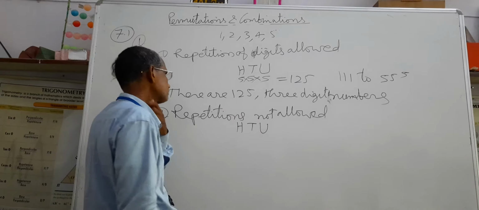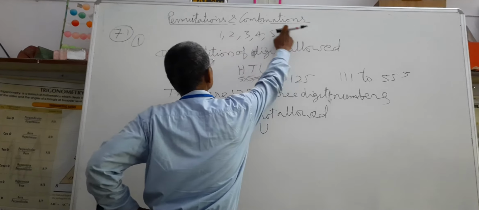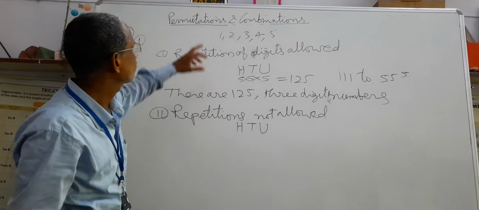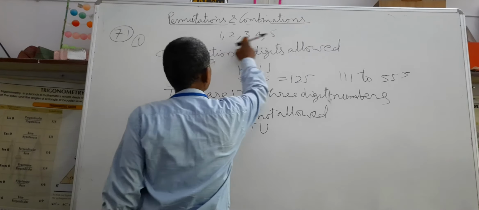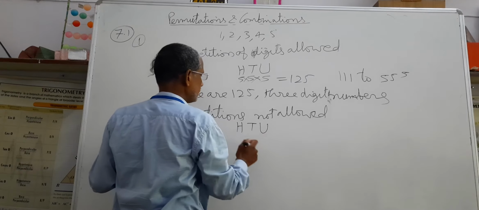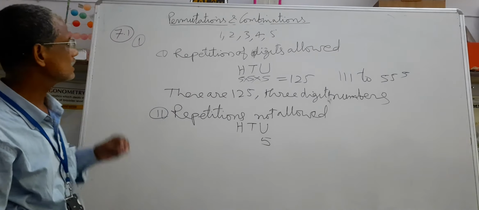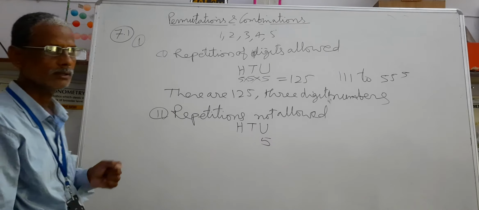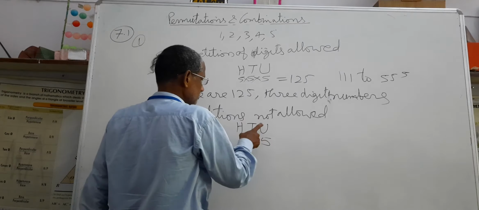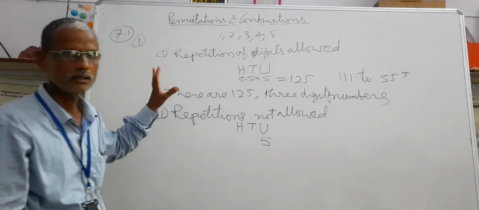But at unit place, we are free to take any one digit from these 5, therefore the unit place can be filled in 5 ways. But since repetition is not allowed, the digit placed at unit place cannot be used further.